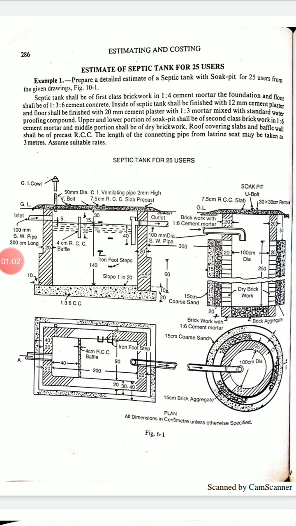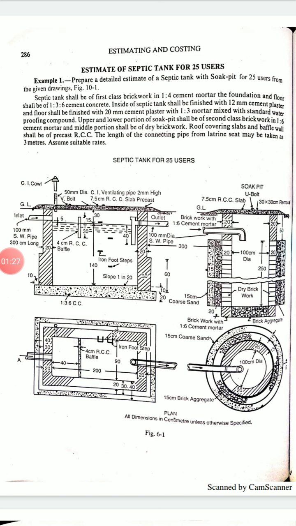A soak pit is a covered porous walled chamber that allows water to slowly soak into the ground. Pre-settled effluent from the septic tank is discharged to the underground chamber, from where it infiltrates into the surrounding soil. So this is the general definition of a septic tank and soak pit.